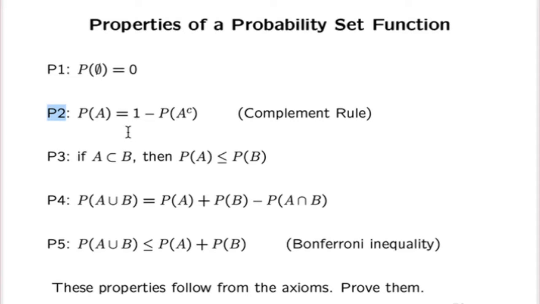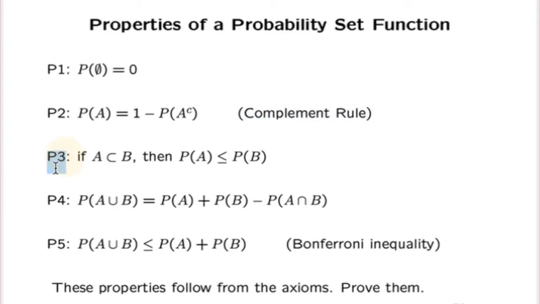And expressed that way, we would say that the probability of A complement is equal to 1 minus the probability of A. So the probability that A does not occur is equal to 1 minus the probability that A does occur. And again, that is called the complement rule, and it's a very, very important rule. We may use the complement rule more than any other rule or any other property that we come up with.